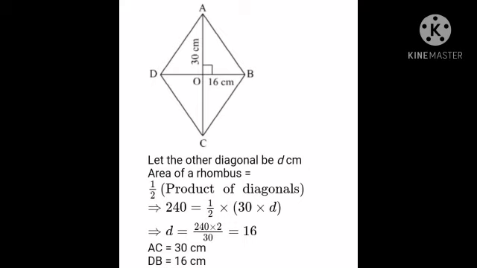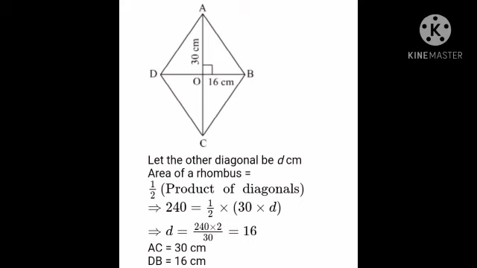Area of a rhombus, you know the formula, half into product of diagonals. Therefore, you know already area 240 is equal to half into 30 into d. D means diagonal. Therefore, d is equal to 240 into 2 upon 30. When we simplify, we will get 16 centimeter.